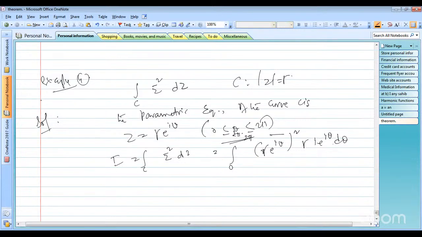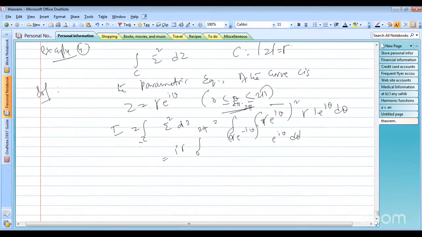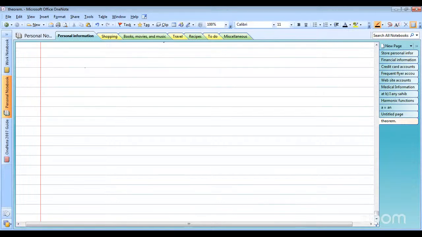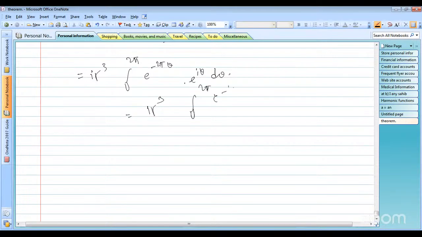This gives i times gamma cube, the integration from 0 to 2 pi of e power minus i theta times e power i theta d theta, so the integrand is e power minus i theta d theta, correct?